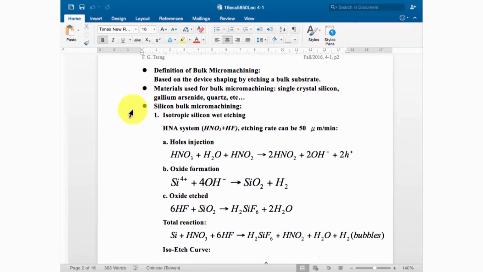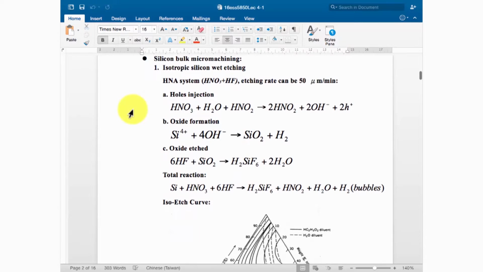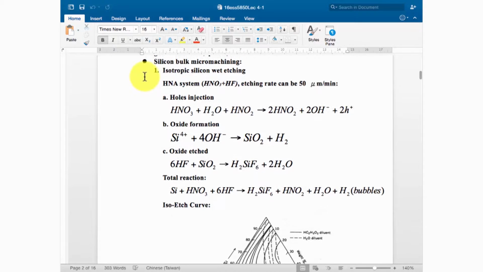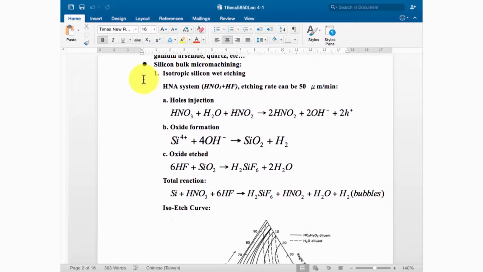Okay. So silicon bulk machining includes two different types. The first one we call the isotropic silicon wet etching process. Etching means we're using a chemical way to take out the material to form the structure we want. Isotropic means there's no preferred direction, all directions are the same.